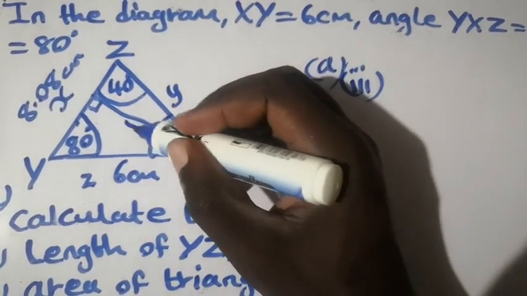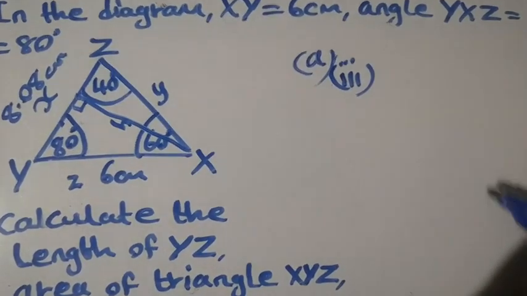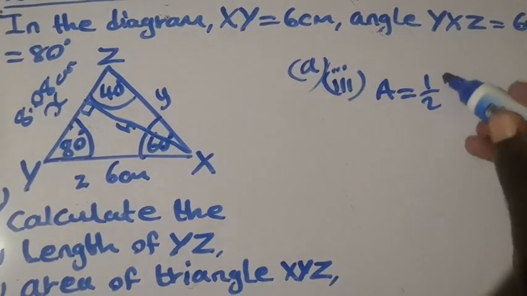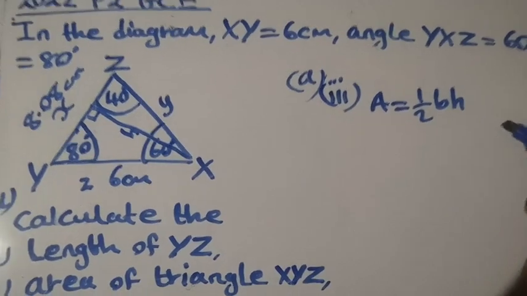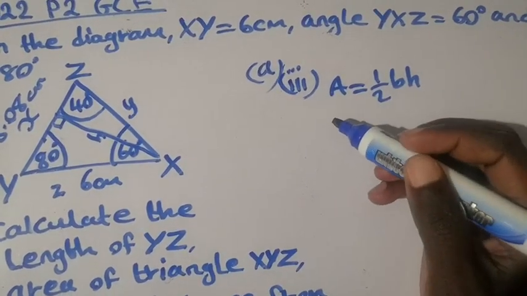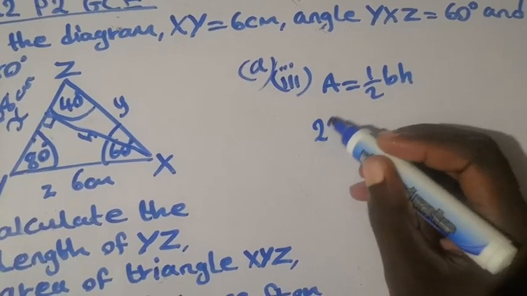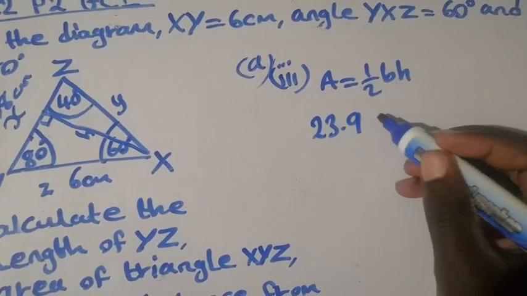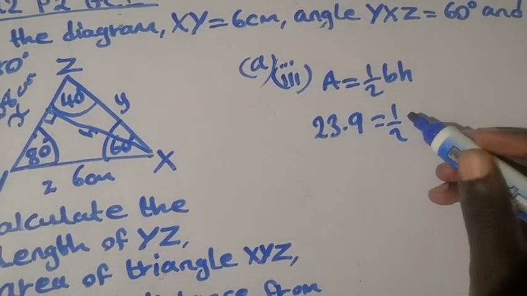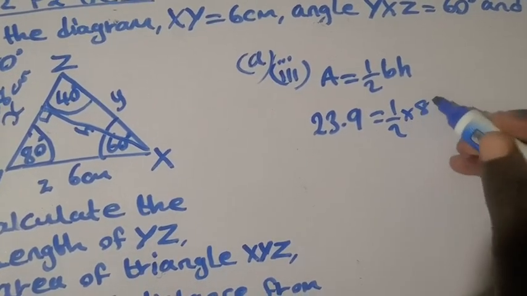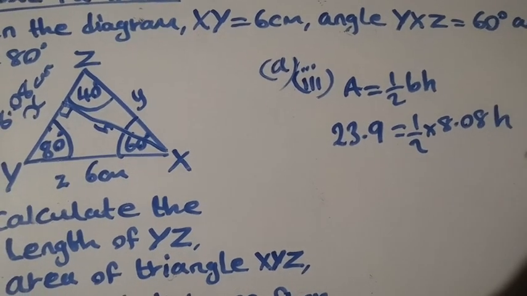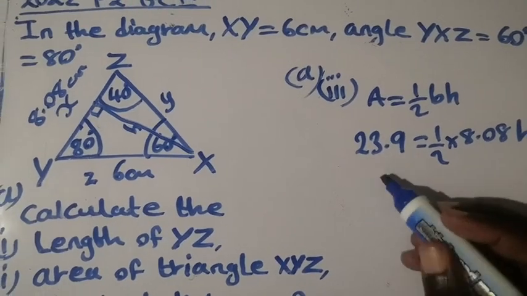To calculate the shortest distance, which is denoted by H, we have to use the formula area equals half base times height, where the area we have calculated is 23.9, equal to half times base, which is 8.08, times height.